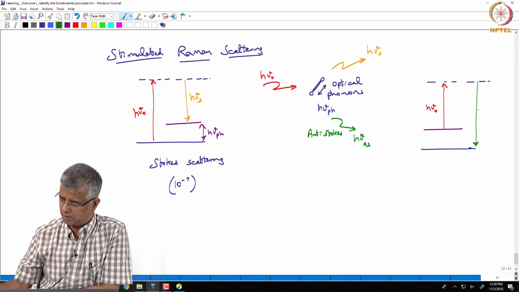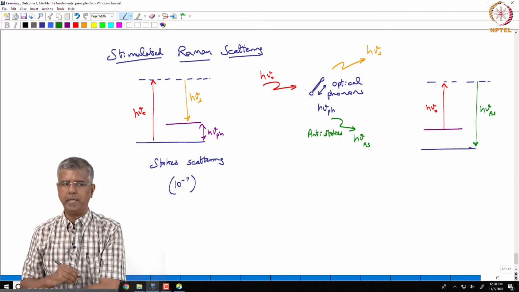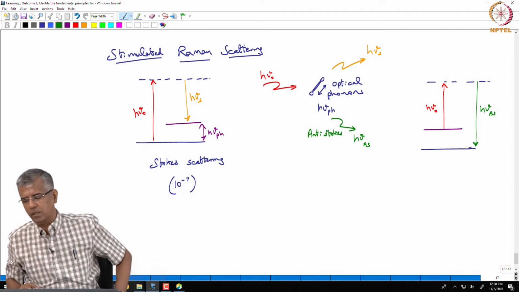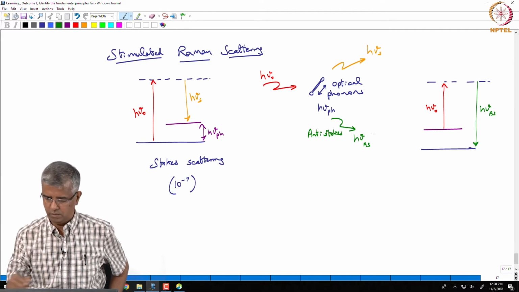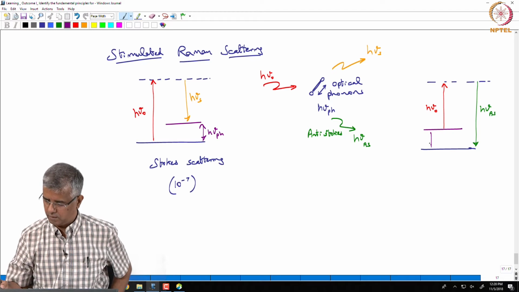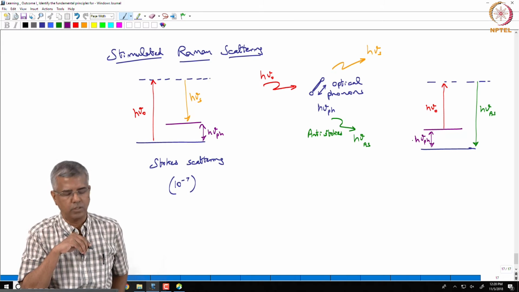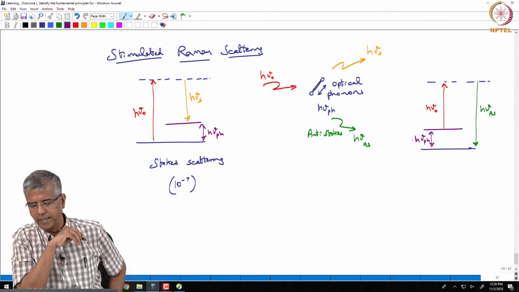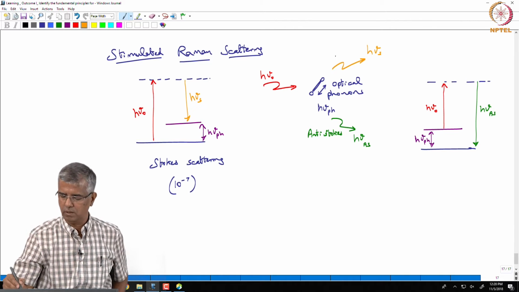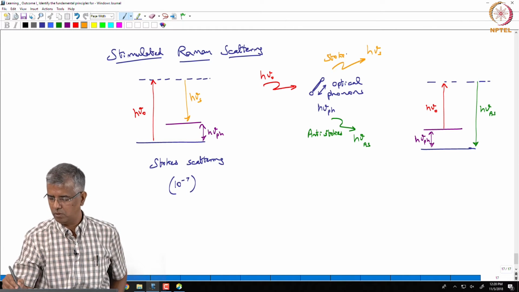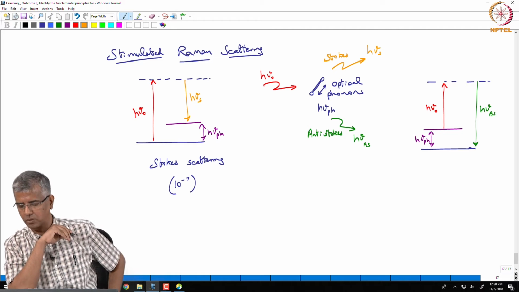So, you have a transition like this. You take that energy of the phonon, which is denoted here, and scatter off with a higher energy photon, and that is called the anti-Stokes process. So, the top one is the Stokes process and this is the anti-Stokes process.